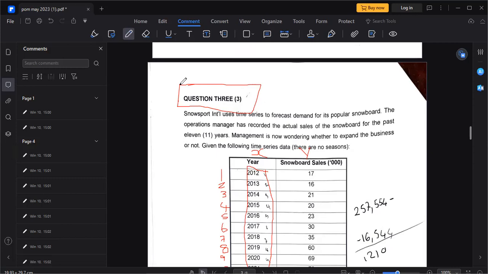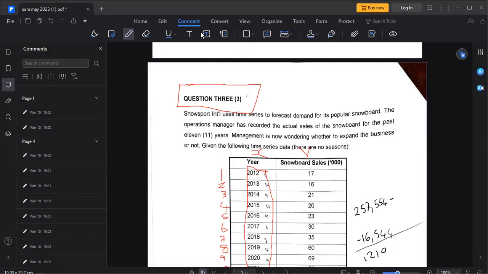So what we would do, I'll just go back to the equation once again, where we said y is equal to alpha plus bx.